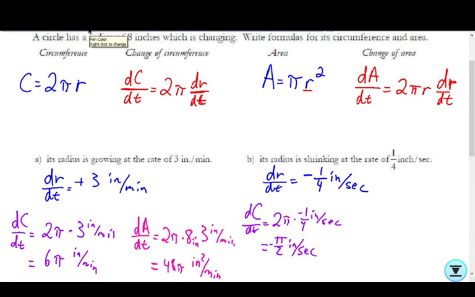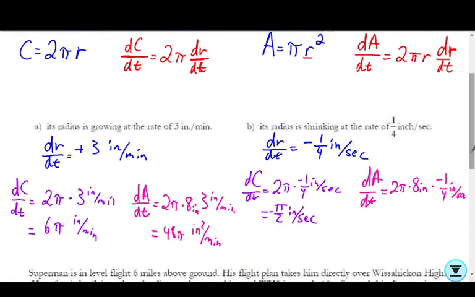And now the same thing with area. dA over dt equals 2 pi, again the radius is 8 inches, times the change in the radius, which is negative 1/4 inches per second. 2 times 8 times negative 1/4, which means it's going to be negative 4 pi square inches per second.